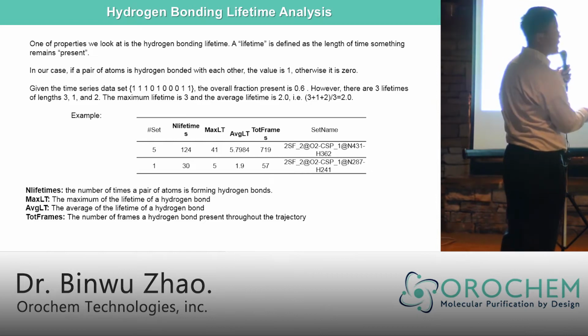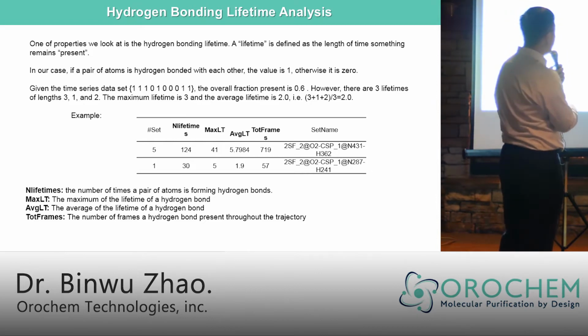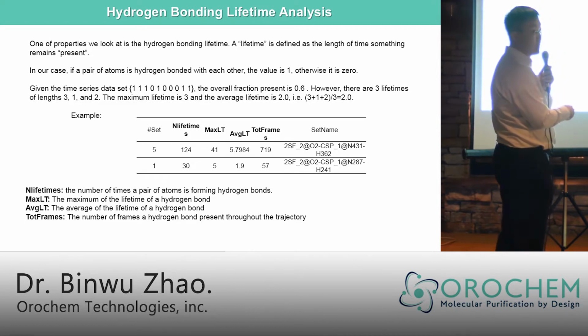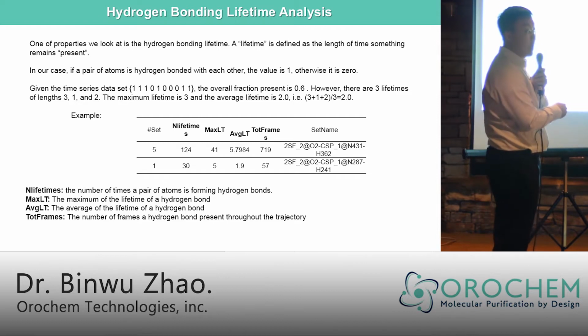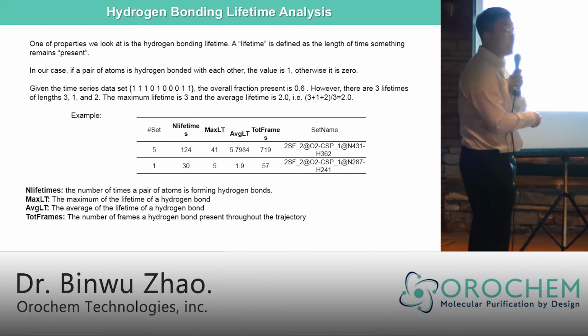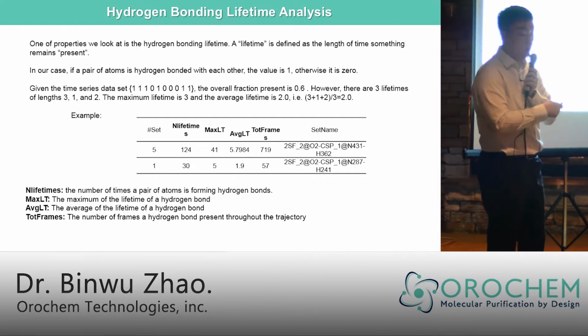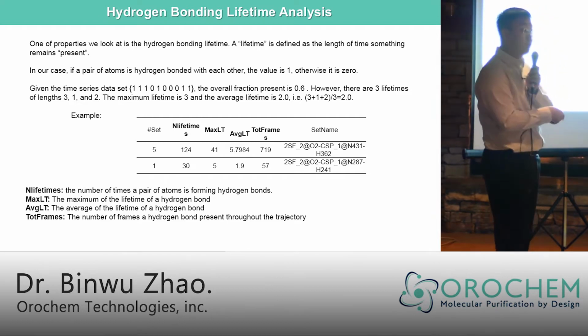And the maximum lifetime is 3 here because this has the longest frames. And the average lifetime is when you take the 3 lengths and take an average of that, and that is 2.0.